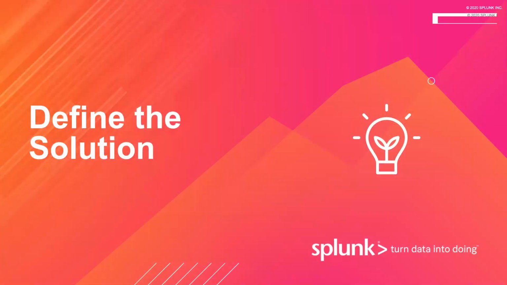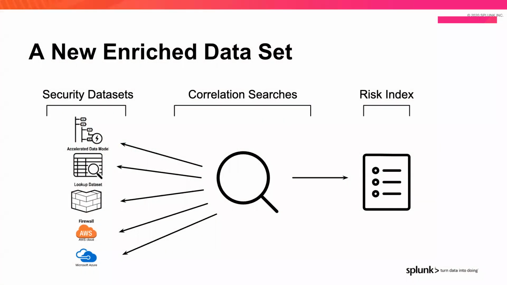So let's describe how we get there, how we approach it, and what the process might look like. From a very high level overview, we need a new enriched linked together data set. How do we get that? Well, first of all, we don't ignore anything. Turn it all on.